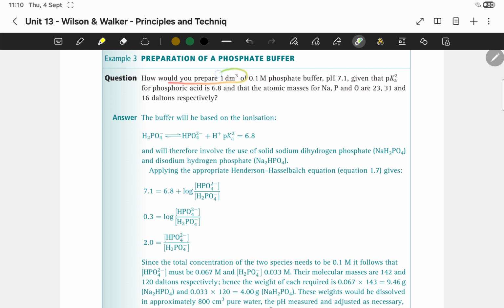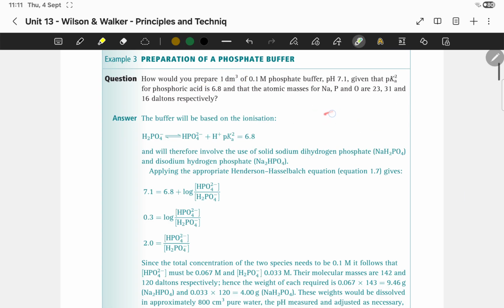How would you prepare 1 dm cube of 0.1 M phosphate buffer, pH 7.1, given that pKa 2 of phosphoric acid is 6.8, and the atomic masses of Na, P and O are given respectively.